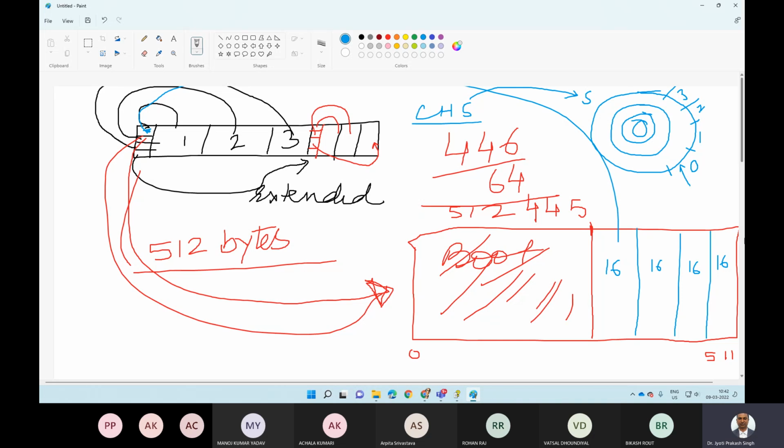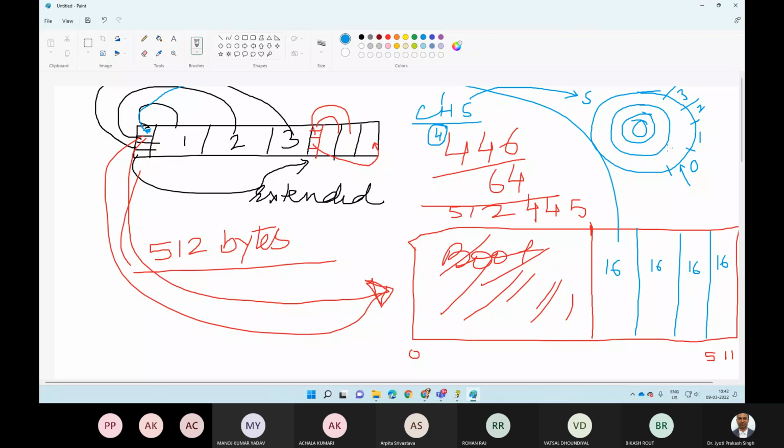So this H refers to how many heads we have, or the address of the head. Normally, if there are 16 heads, we can use 4 bits to identify each head uniquely. So which head are we in?